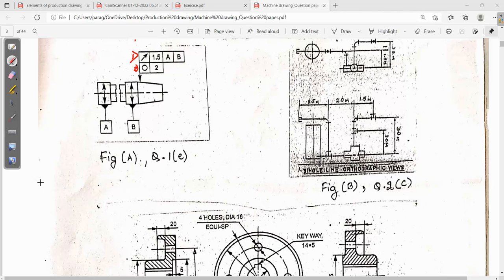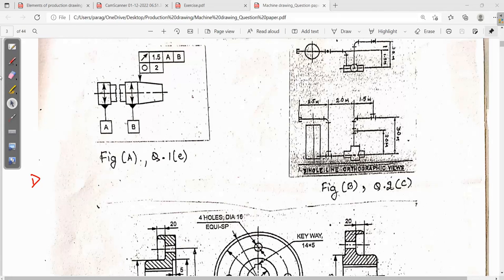Okay, so for 1, this particular symbol is runout. Do you remember runout? So what is runout? And these are datums. With respect to this datum, we have to check this surface. Okay, so how will I write this?